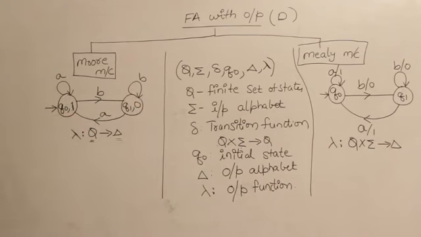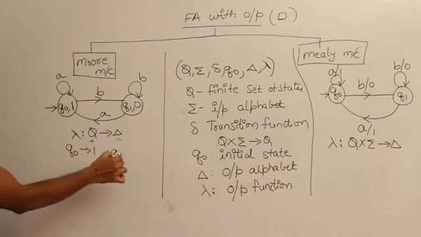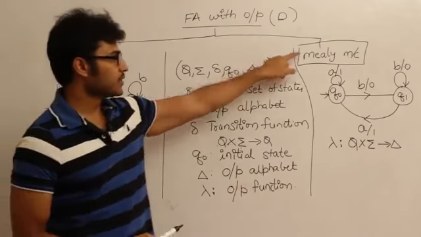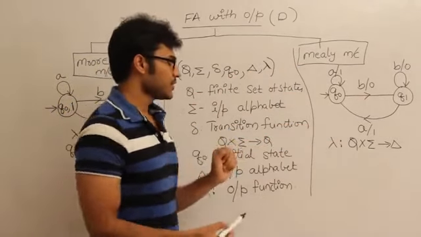So in this diagram, for Q0 the associated output is 1 and for Q1 the associated output is 0.